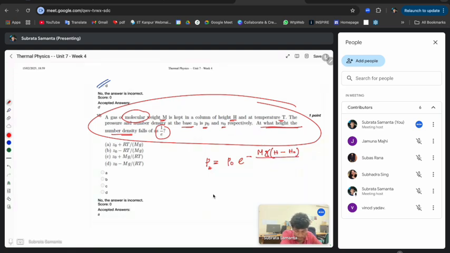Here I am using R, the gas constant, because the molecular weight is M. So basically capital M is Na times small m.